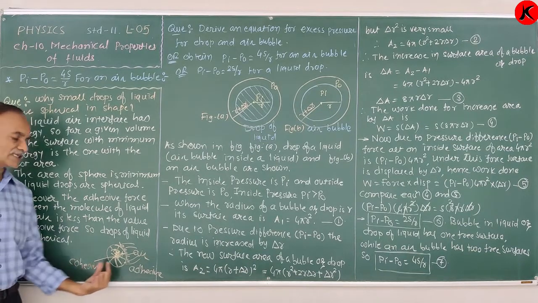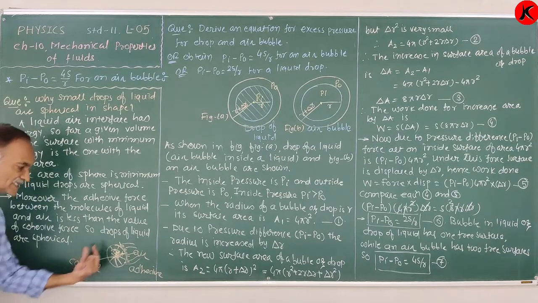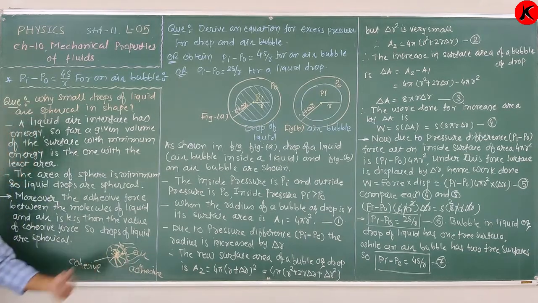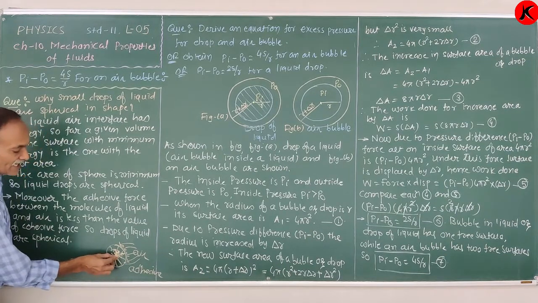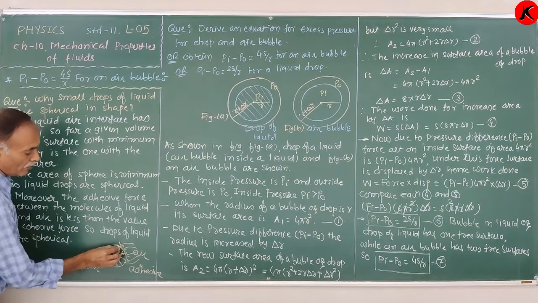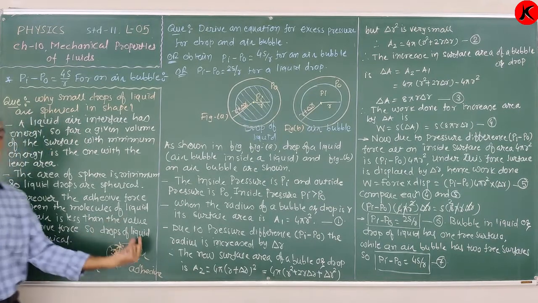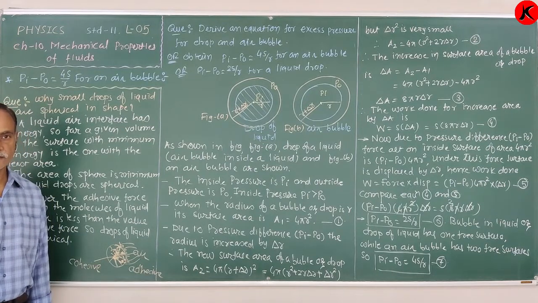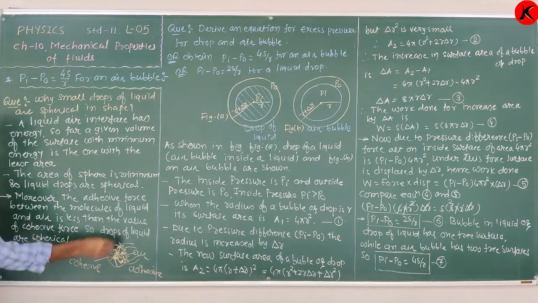So we know that the cohesive force is stronger than the adhesive force. Therefore, the force exerted by the inside molecules on the surface of a sphere is more compared to the outside force. Due to that reason, the shape of a liquid drop or an air bubble is always spherical.